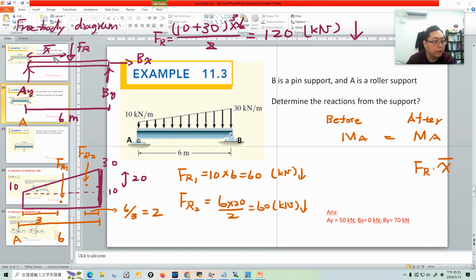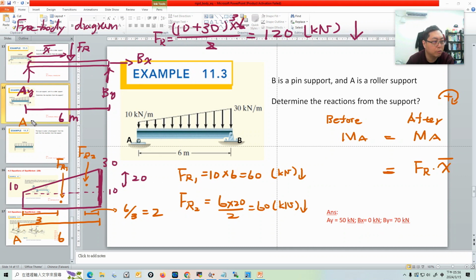In this problem, I just make a sign convention that clockwise is positive, because I don't want to write the negative sign too many times. That will make the equation look neat.